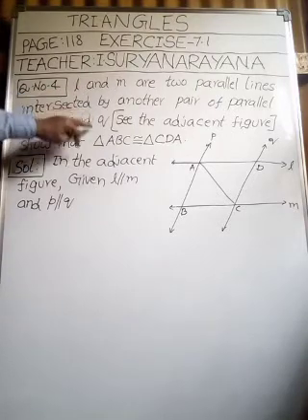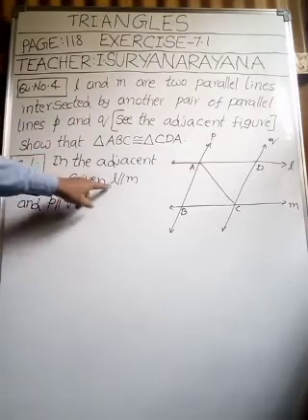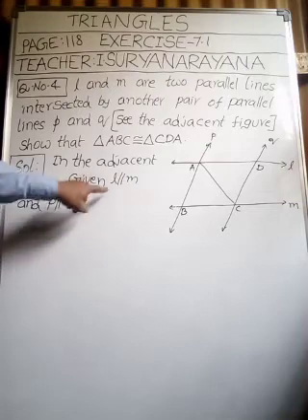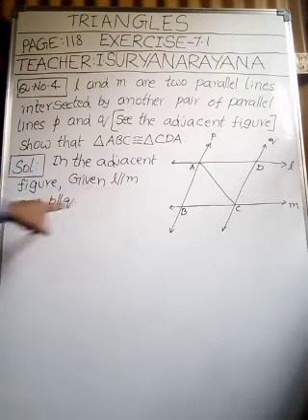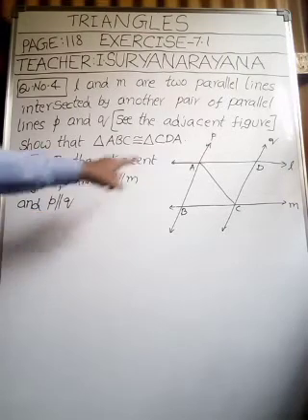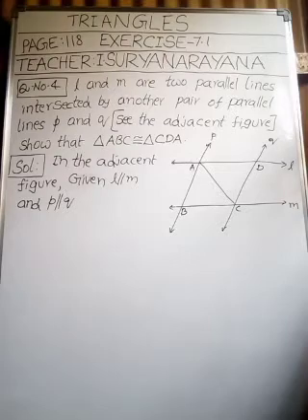I wrote this complete sentence in the symbolical form. Symbolically, I wrote L is parallel to M and P is parallel to Q. Okay, my children. Then, what is this one? ABCD is a parallelogram. Isn't it or not, my children?